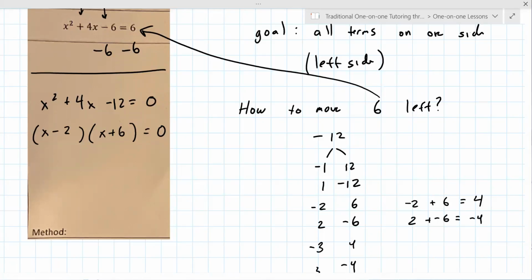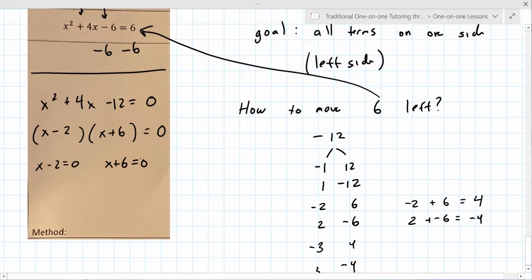So now for that, this equals 0. Yes, so you said each of these: x minus 2 equals 0 and x plus 6 equals 0.